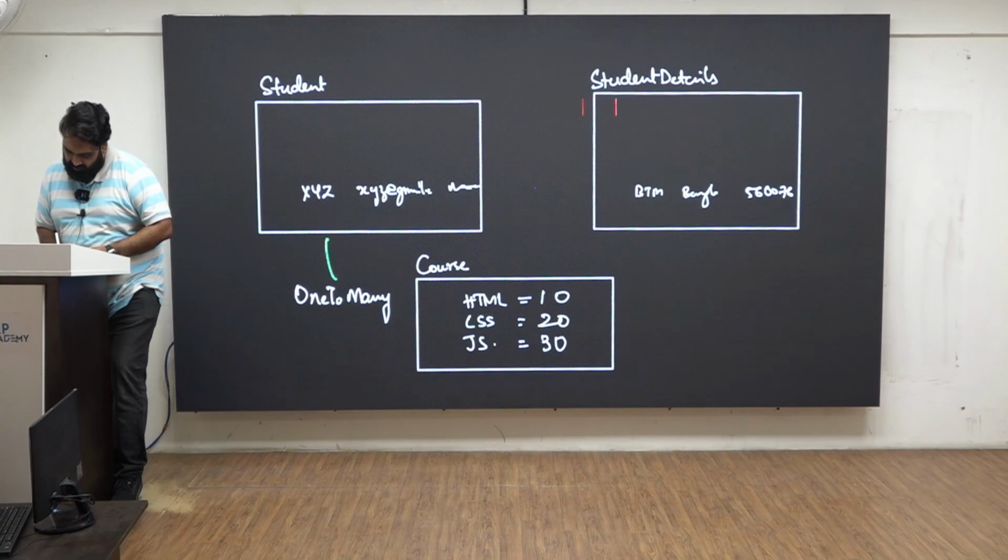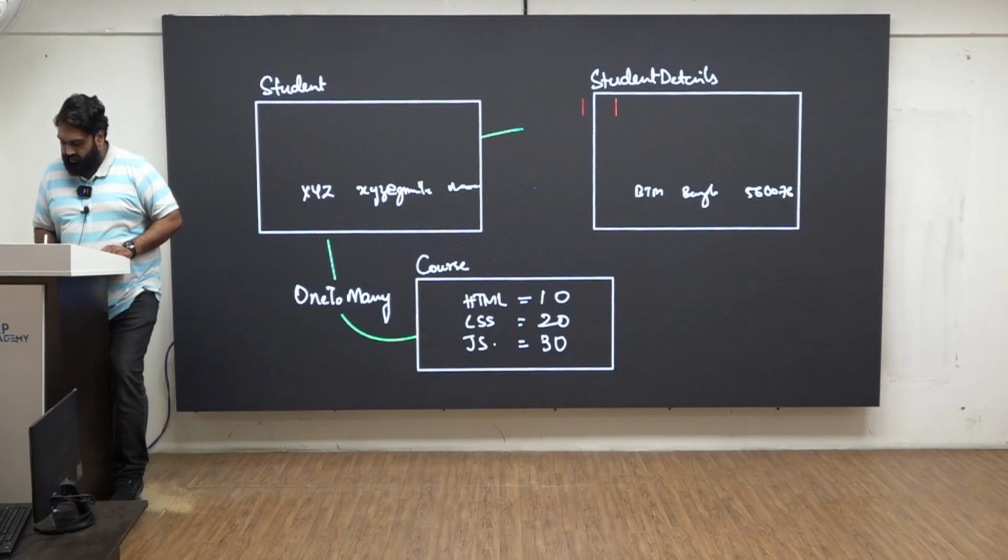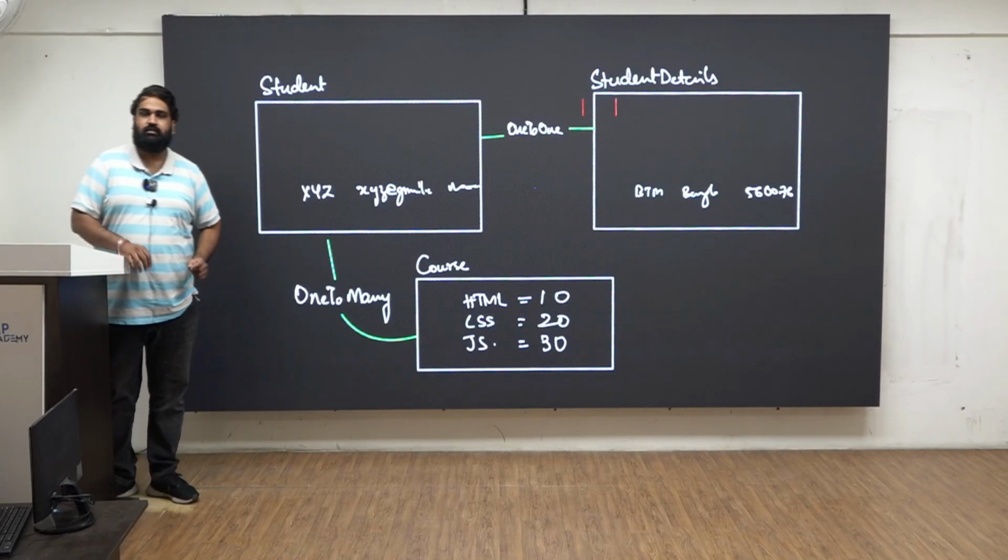So this relationship between your student and your course is one to many, whereas student and student details is one to one. I hope you are able to understand this.